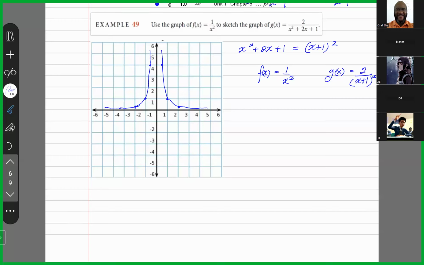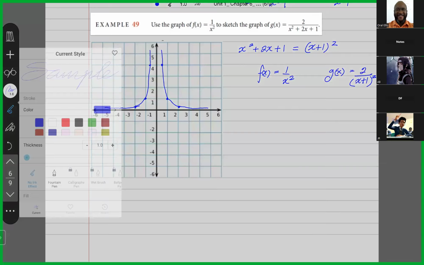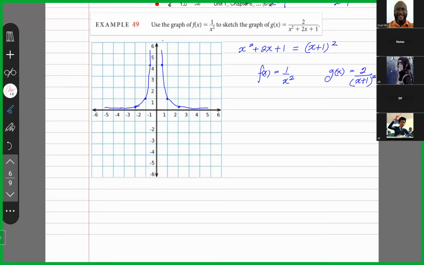Now, from this graph, using our knowledge of transformation, we need to sketch the graph of g of x, which is equal to 2 over (x plus 1) all squared. Well, in the first instance, if it's x plus 1 all squared, that's a horizontal translation. And it's the fact that it's plus 1, it means I'm going to move this entire graph 1 unit to the left.